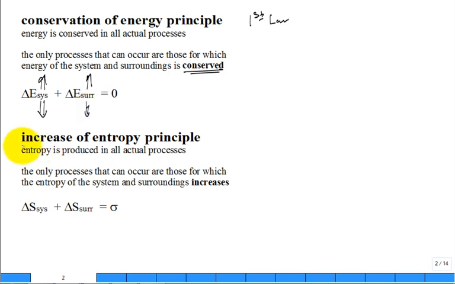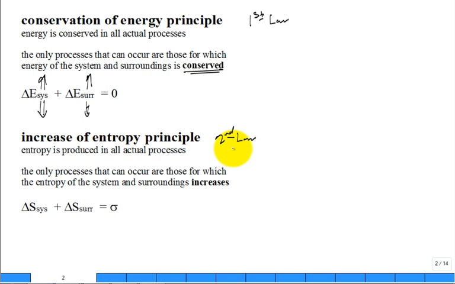We also now have the second law of thermodynamics. It can be expressed as an increase of entropy principle. Second law: entropy is produced in all actual processes. In idealized processes, we can idealize them to be frictionless, and hence you could think about reversible, no entropy generation.